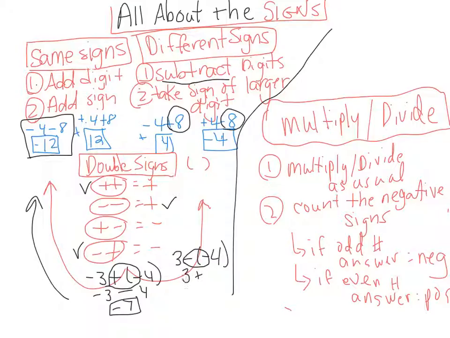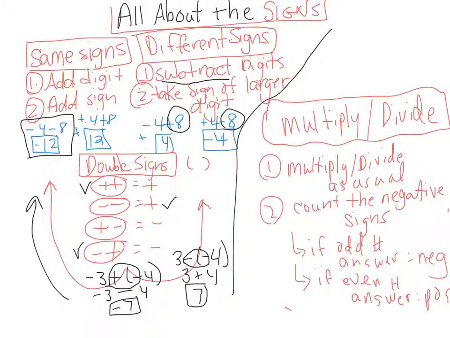So you have 3 plus 4. You add the digits. No, sorry about that, you add the digits and it is a +7. You add the digits and add the sign if you need to. Sorry about that confusion, but please go over that because you'll see a lot of double signs.